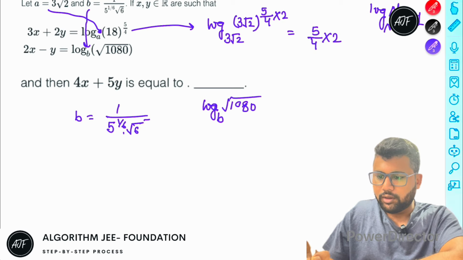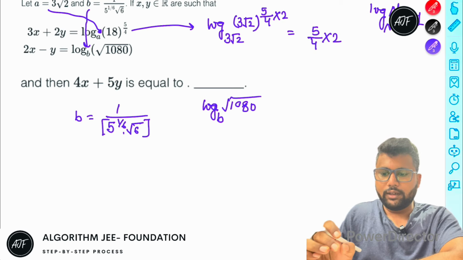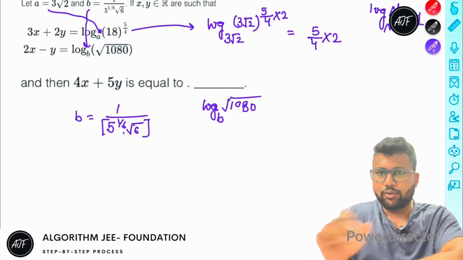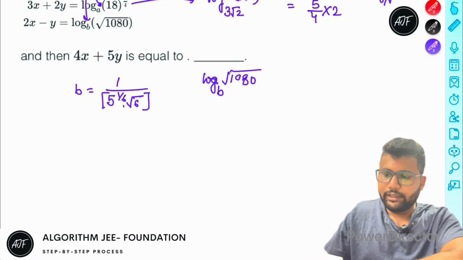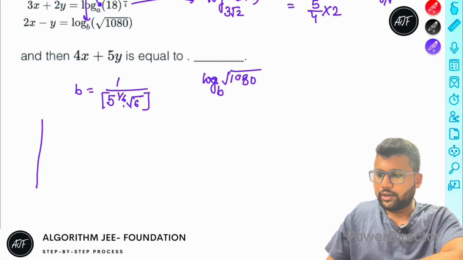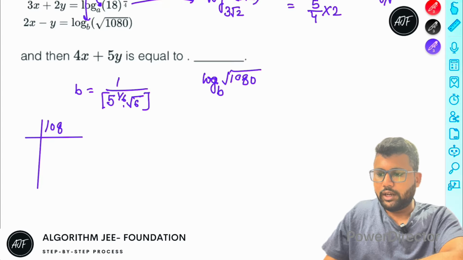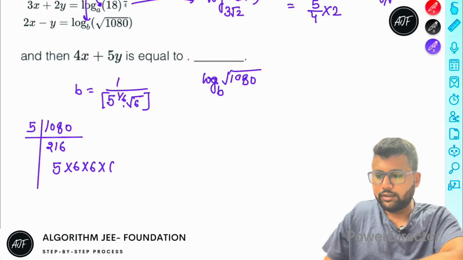So can you write 1080 in terms of 5 and root 6? Now if you factorize 1080, it is divided by 5 to give 216, and 216 is 6 cubed. So can you write it like this?